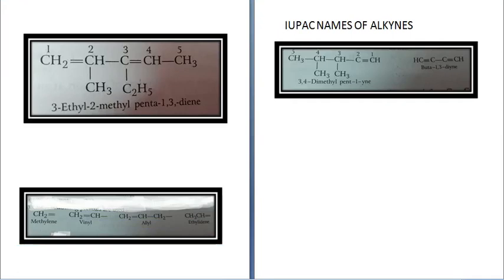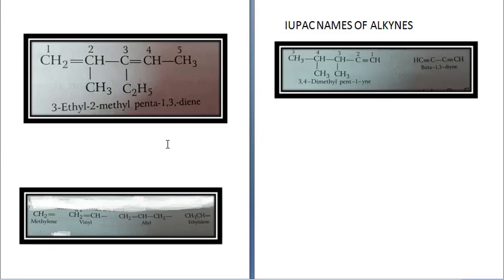In such cases, the terminal a is added to the word root, like pentene normally you will write, but in this case it will become penta-1,3-diene. See, the first carbon and the third carbon have double bonds, so it becomes 3-ethyl 2-methyl penta, because there are 5 carbons, 1,3-diene.